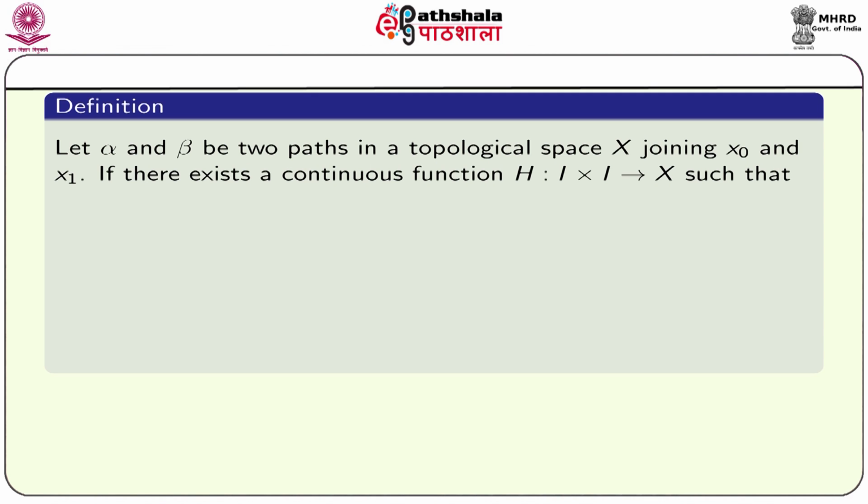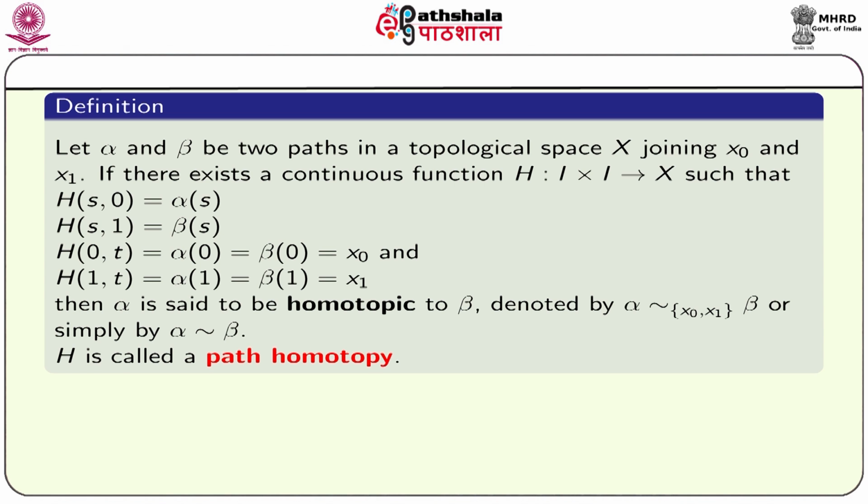Suppose alpha and beta are two paths in a topological space X joining the points x0 and x1. If there exists a continuous function capital H from the closed interval [0,1] cross [0,1] to X such that H(s,0) is alpha(s), H(s,1) is beta(s), H(0,t) is equal to both alpha(0) and beta(0), and that is equal to x0, and H(1,t) is equal to alpha(1) and beta(1), and that is equal to x1.